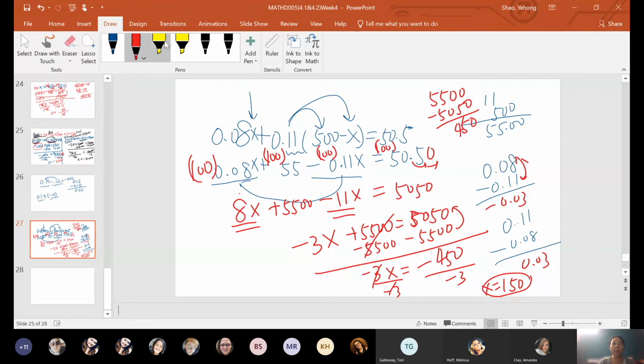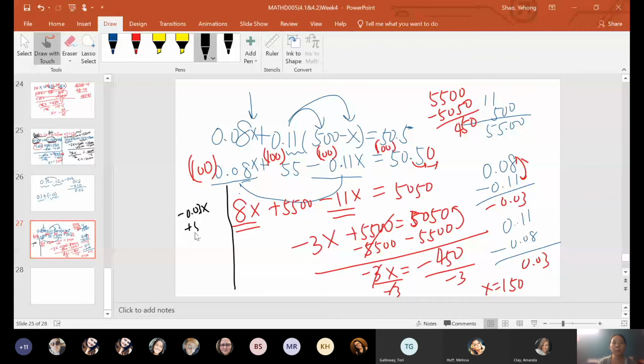If you didn't do it this way, what you have will be negative 0.03x plus 55. I don't want to mess with all that, so let me put it down here. You're going to have negative 0.03x plus 55 equals 50.5. And you subtract 55 from both sides instead of working with bigger numbers like that.